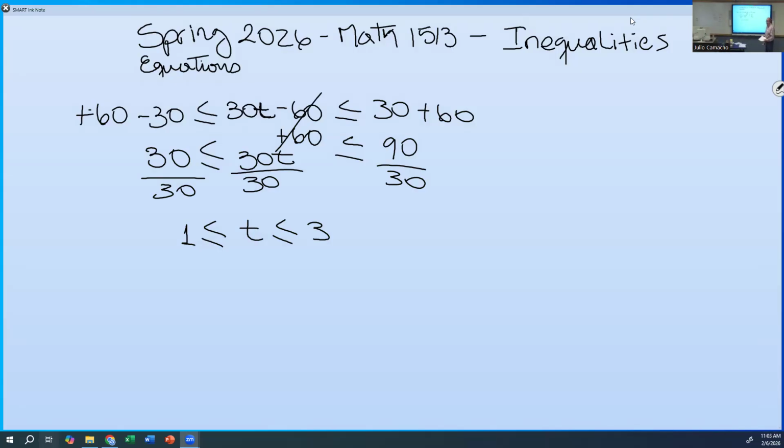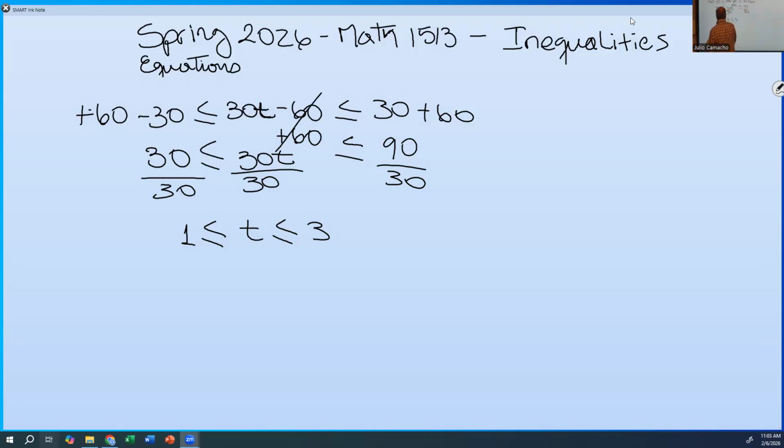So all real numbers that are an answer for this inequality are greater or equal to 1, and less or equal to 3.